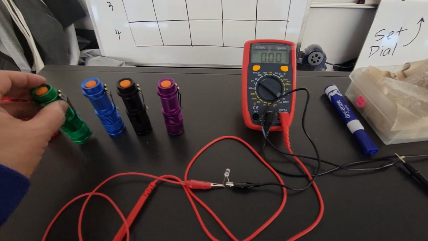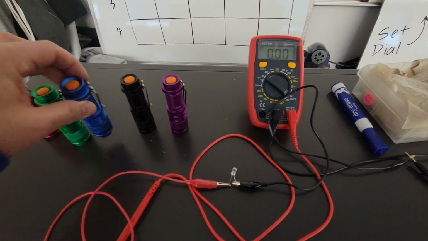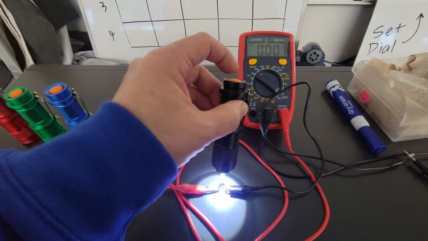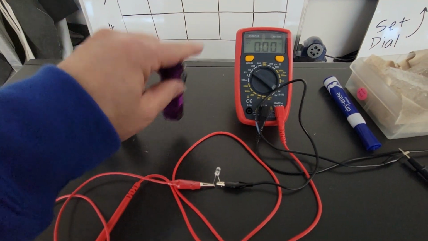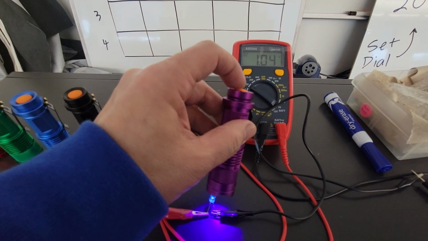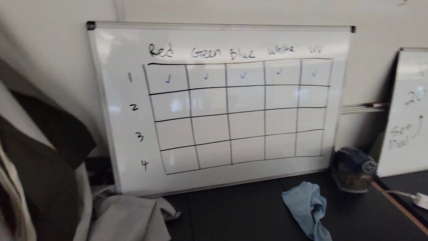Nothing. Nothing. Not even the white light. Finally, the UV light is ejecting electrons. And that's the only one that has enough energy to eject electrons out of whatever metal is in capsule number 2.